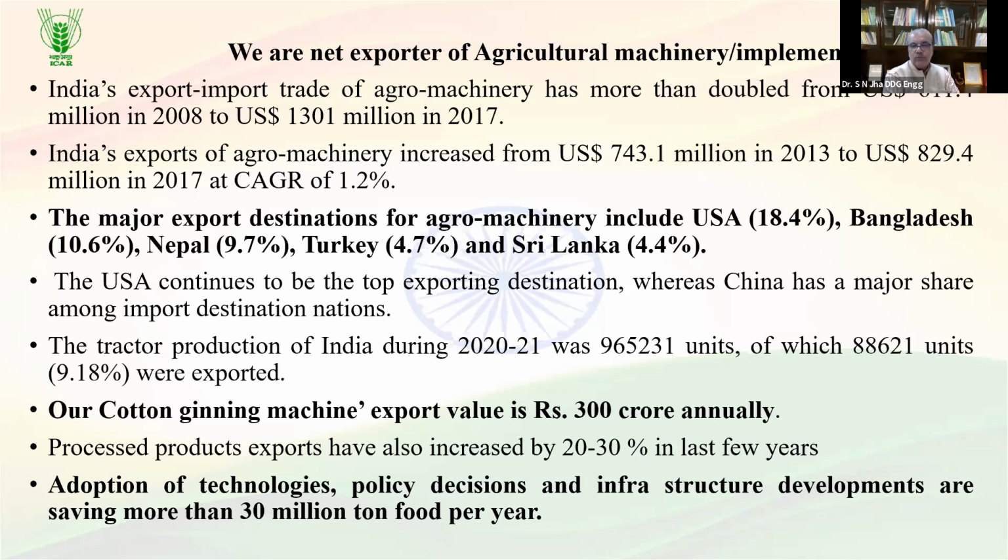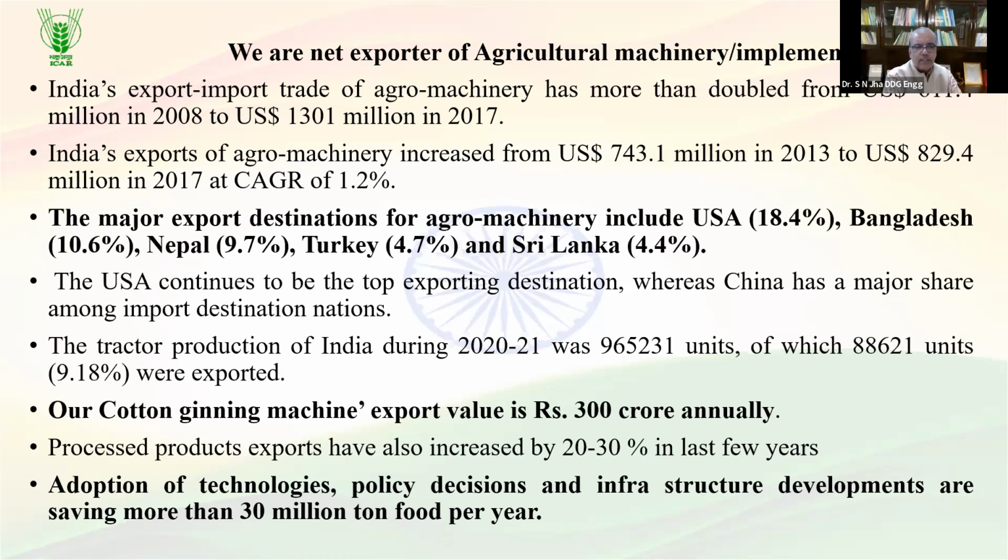You will be surprised to know that the US is the biggest importer of Indian agricultural machinery and implements, at 18.4%. Then come Bangladesh, Nepal, Turkey, and Sri Lanka. US continues to be the top exporting destination, and China has a major share among import destinations to our country. The tractor production I have already told.